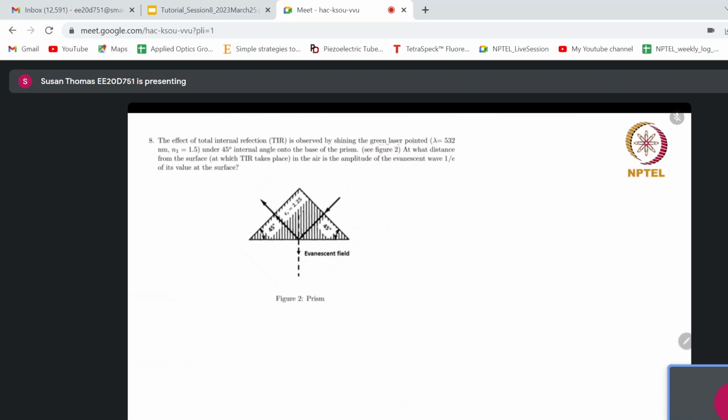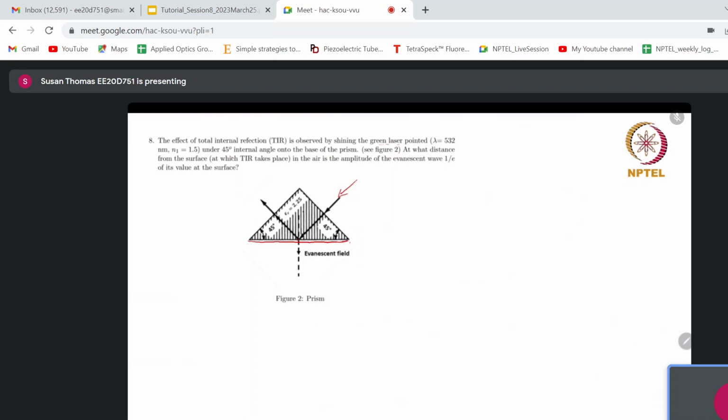In this figure we have a prism, and a green light is being shined in this particular direction onto the base of the prism.